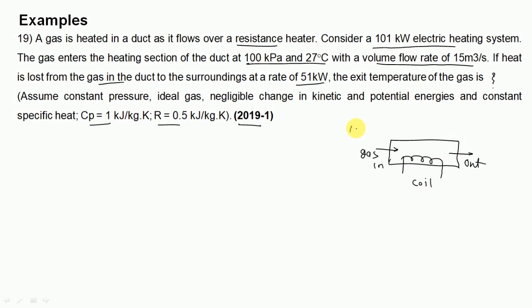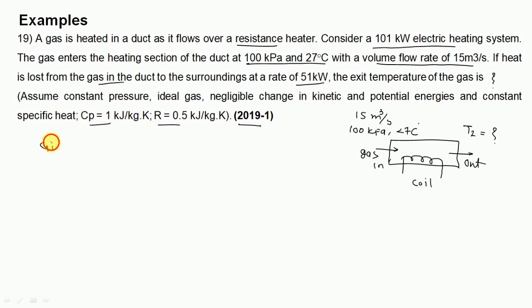Here pressure is given 100 kilopascal, temperature is 27 degrees, and flow rate is given 15 meter cube per second. And here you need to find the temperature at the final point. So T2 you need to find at the exit. Also the Q amount of heat is rejected, so we can say it is lost.